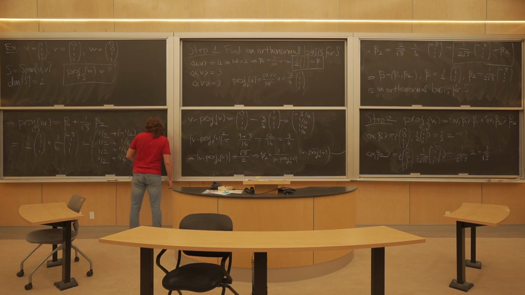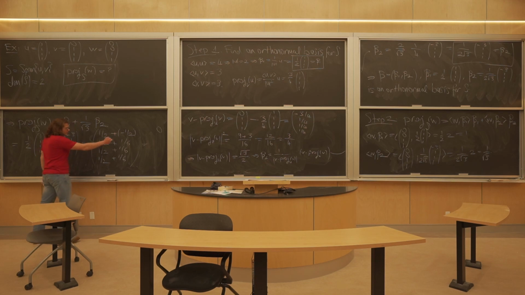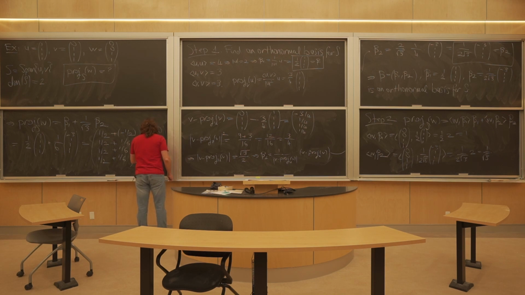So that's 0. So this is 3 over 6, so that's 4 over 6. So (1, 1, 1), 4 over 6. Okay?